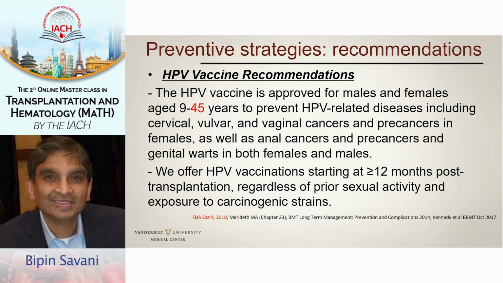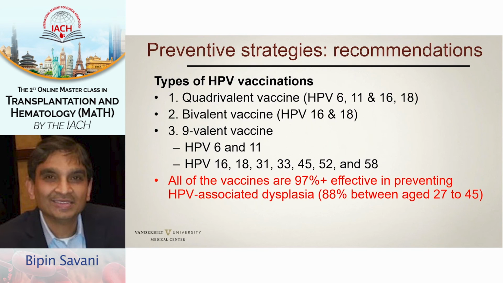So what can we do to help our patients? Simple, and the number one answer is a preventive strategy based on what we know, right? HPV vaccination. We offer HPV vaccination starting at 12 months post-transplantation to all our patients, regardless of their prior sexual history and exposure to carcinogenic strains, regardless of their immunosuppression status or disease status.